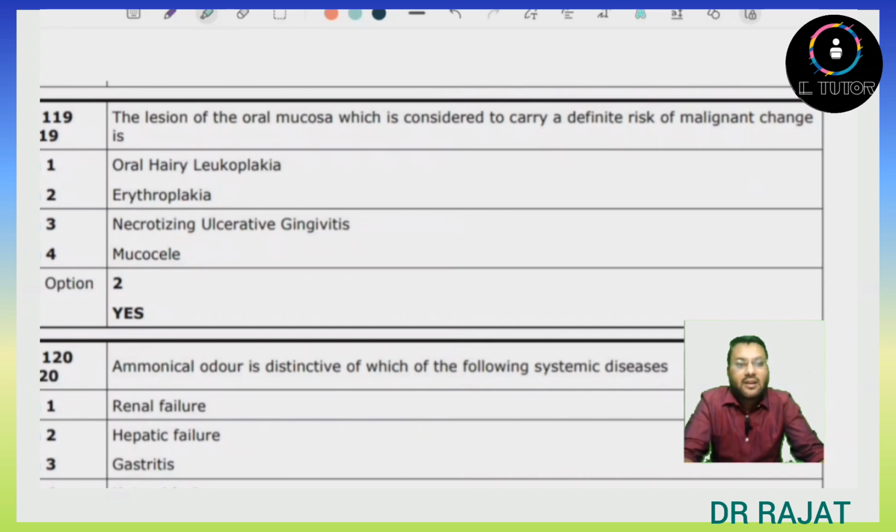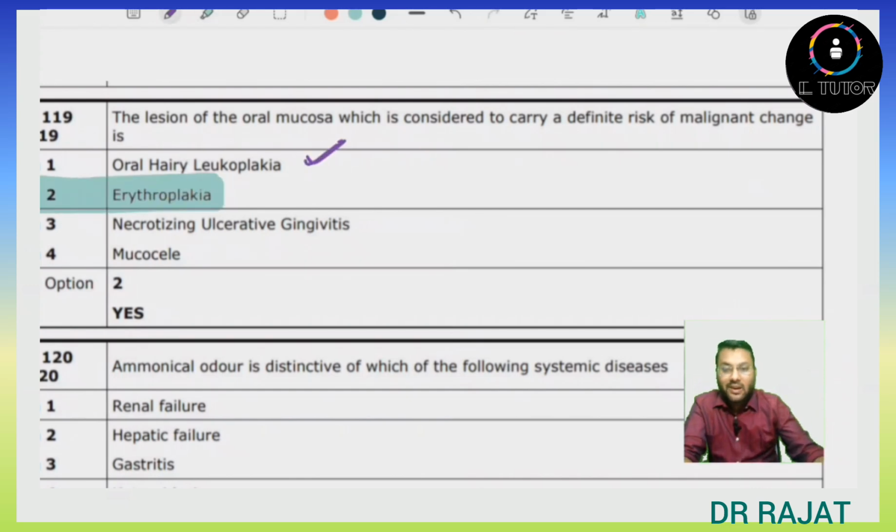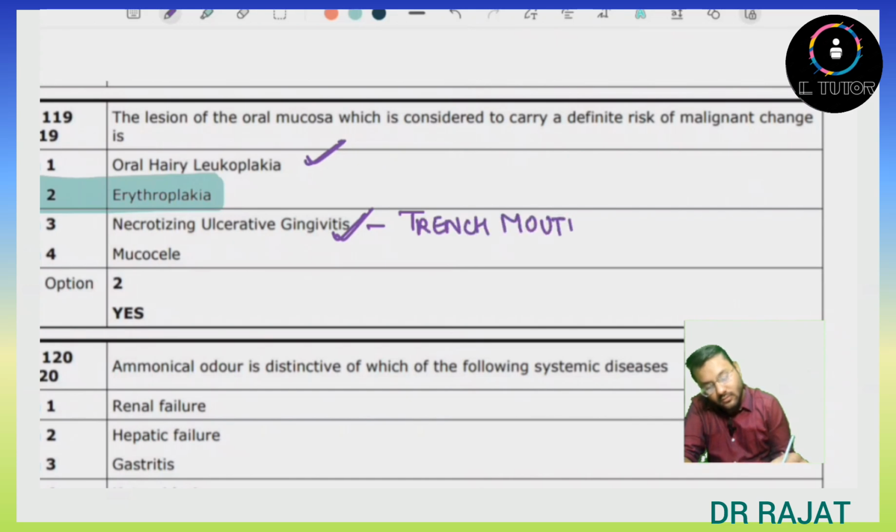So it carries a definite risk of malignant change. So answer here will be erythroplakia. Oral leukoplakia can also convert into malignancy and necrotizing ulcerative gingivitis, which is also called as the trench mouth. So it can also convert, but erythroplakia has the highest risk.